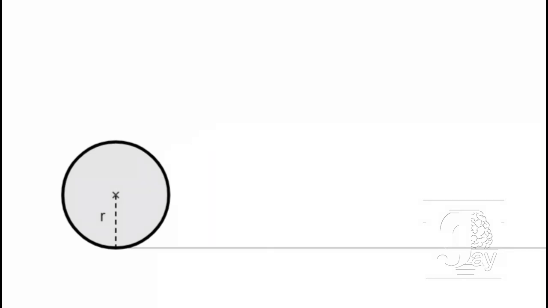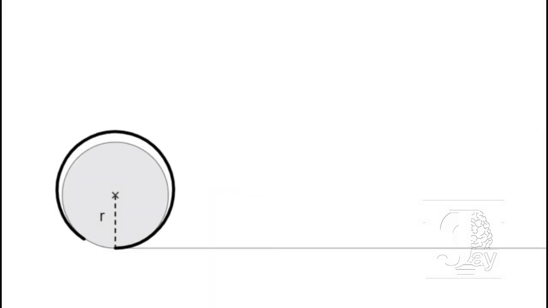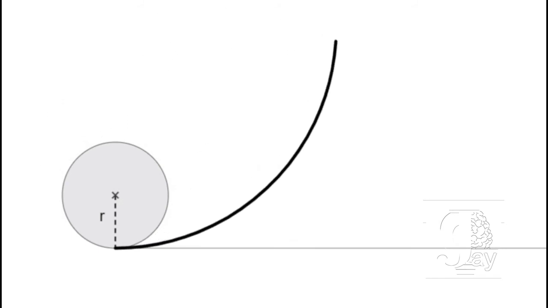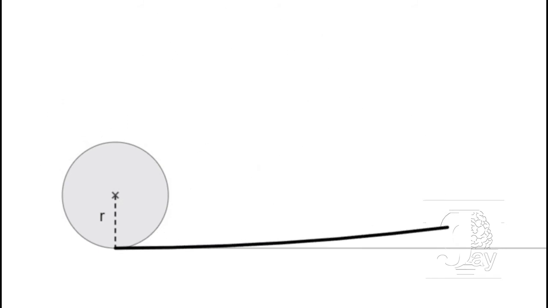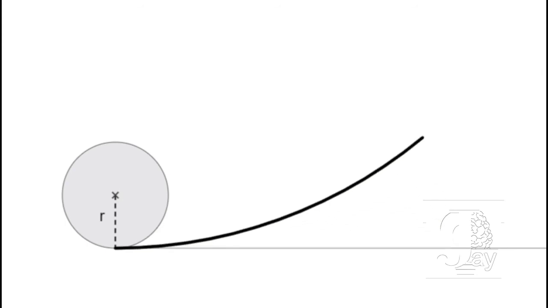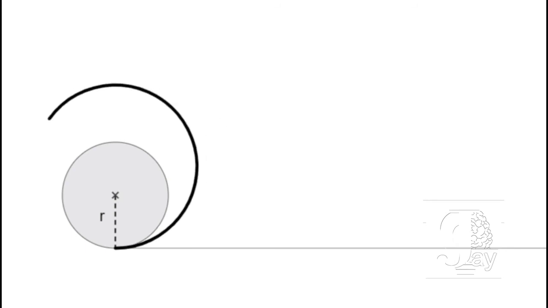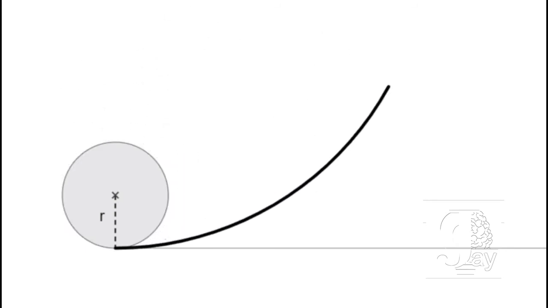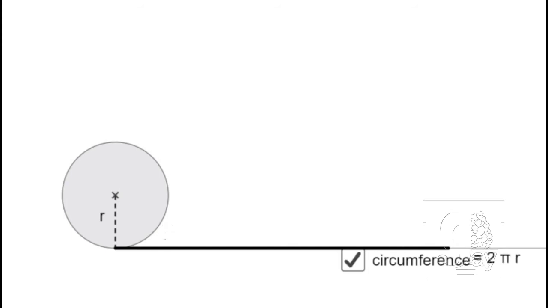Now as we open up the circumference, we can see it is the line segment that forms the outer perimeter of the circle. And the circumference is given by 2 pi r, where pi stands for a constant and r is the radius of the circle.